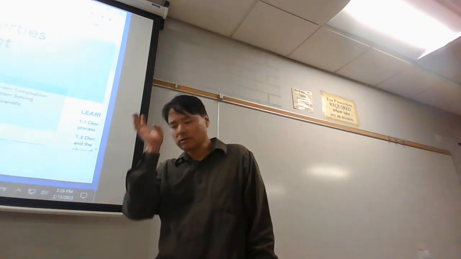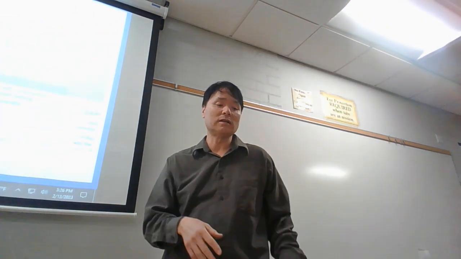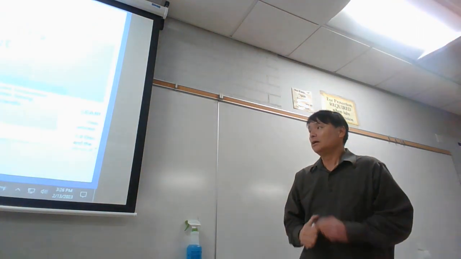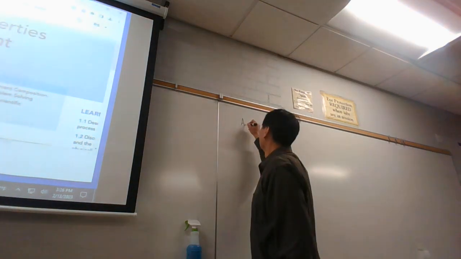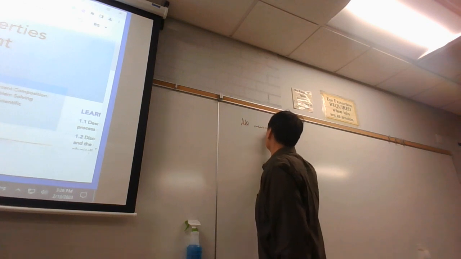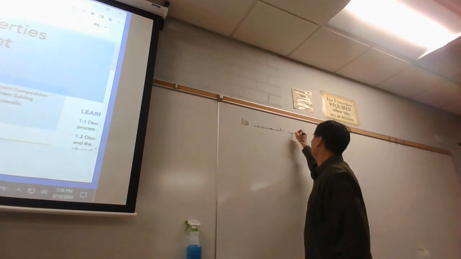Water freezes at 0 degrees C. That's by definition. It's not a little bit above. It's not a little bit below. It's exactly 0 degrees C. And so there's no uncertainty. But all measurements contain uncertainty. So if it's a definition, there's no uncertainty. But if it's a measurement, there's uncertainty.